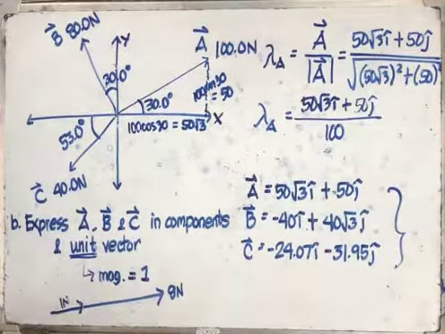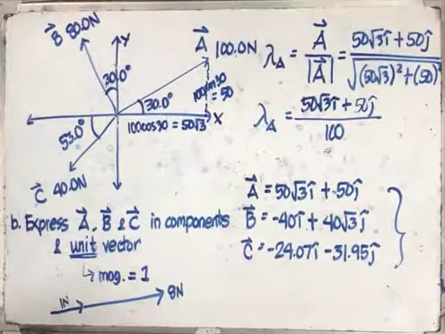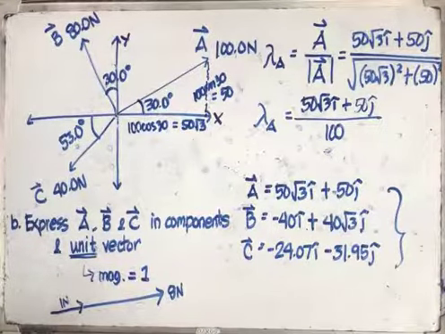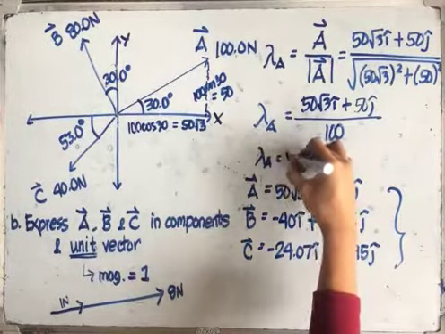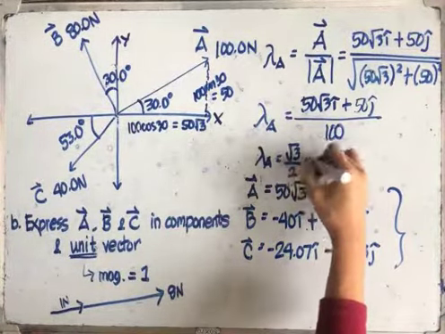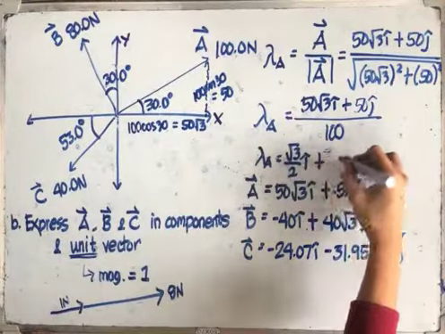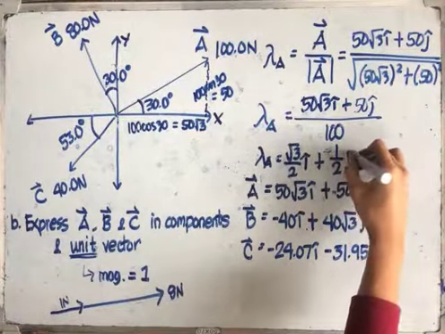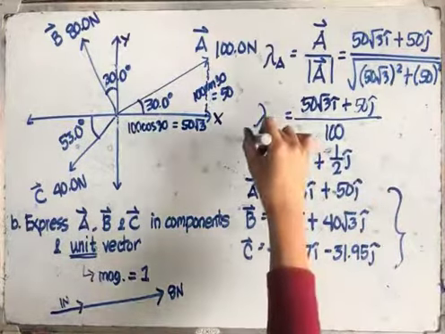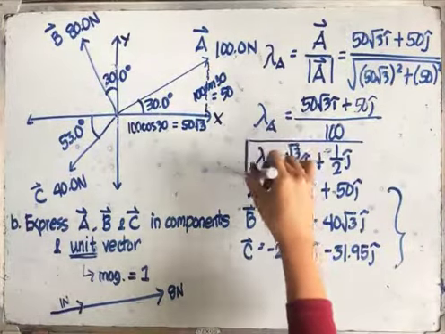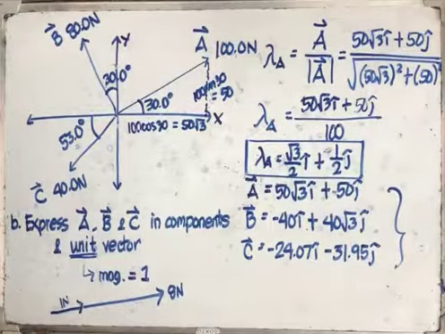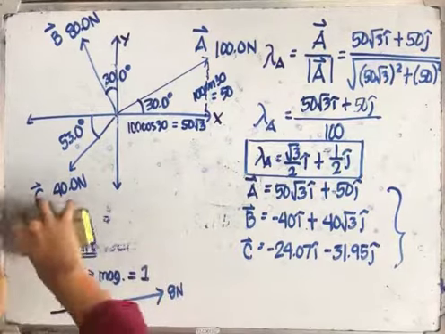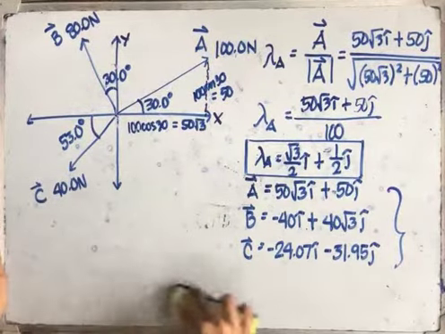So, i-divide mo lang naman siya. Ano yung magiging sagot natin? 50 square root of 3 divided by 100, that would be square root of 3 over 2. O, pwede mo siyang sagot ng ganyan para exact siya. Square root of 3 over 2 I hat plus 1/2 J hat. This would be the unit vector mo for vector A. Okay? So, let me erase this side of the board para matapos natin yung computation natin dito.